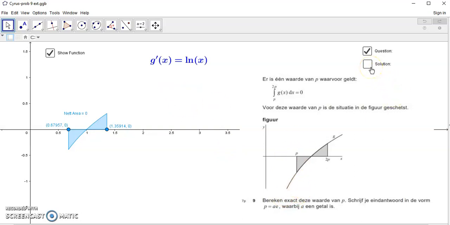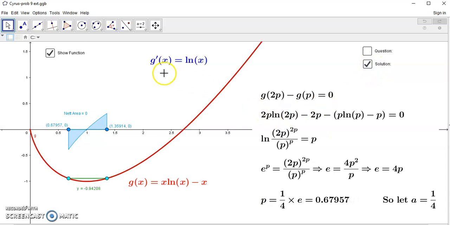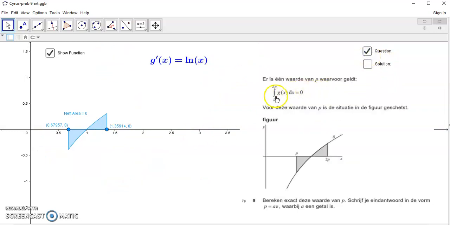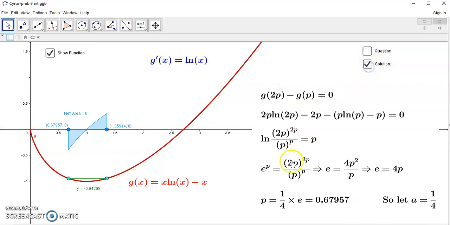And of course, I'm showing you here on the left what's happening. So g prime x is a derivative, and g is the primitive function, okay? So we need to find for 2p, g of 2p minus g of p to equal 0, as we saw in the question, right? That's what we're evaluating here.